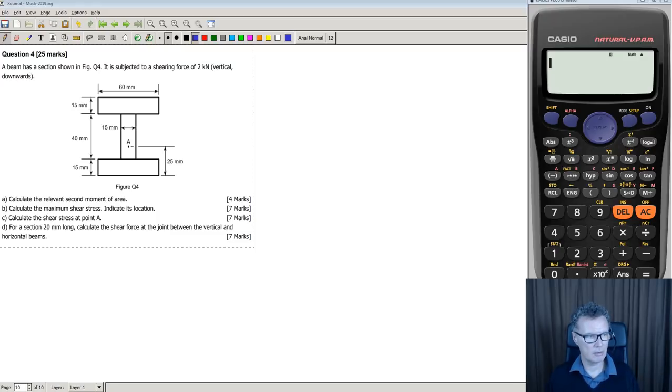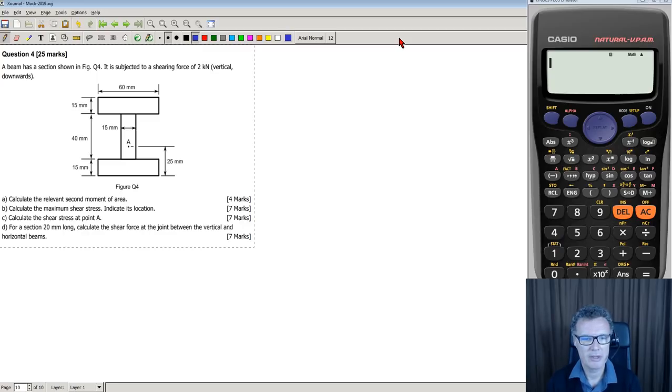Okay, so let's have a look at question 4. We've got a beam, looking at the cross-section of it. Shearing force from above is 2 kilonewtons.